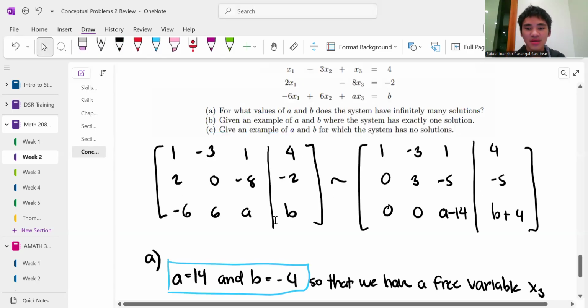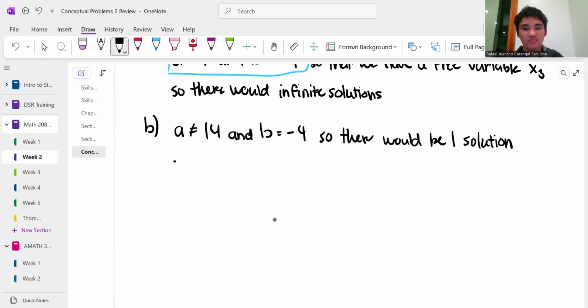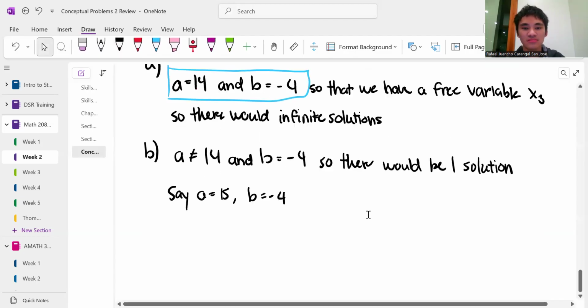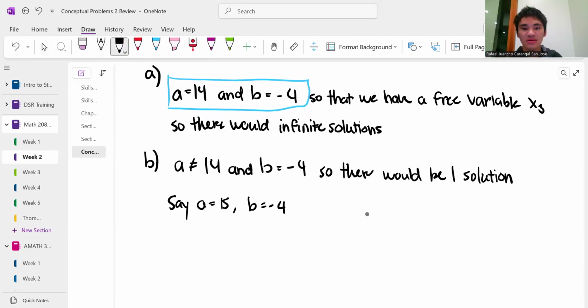How do I know? Say A is 15 and B is -4. Well, that would give me x sub 3 is equal to 0, right?